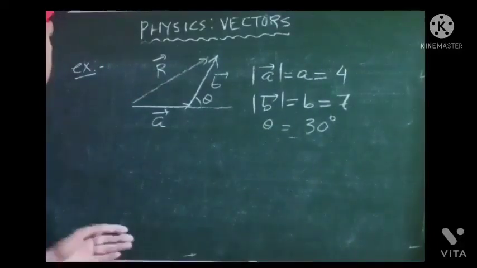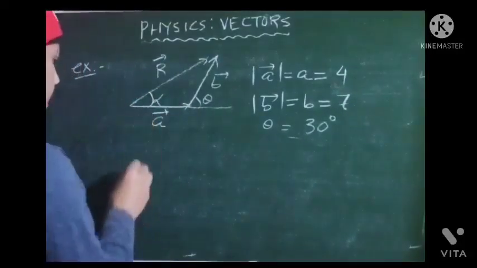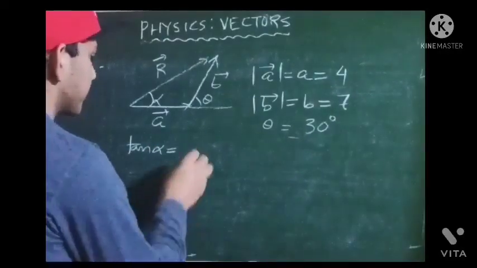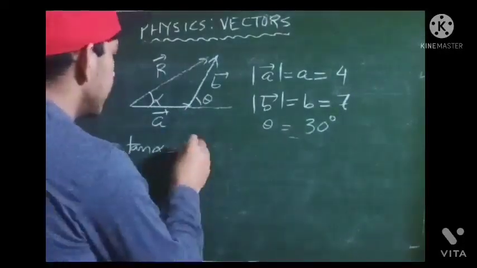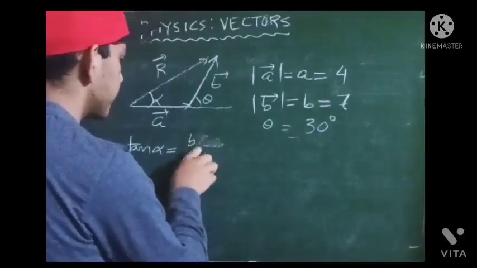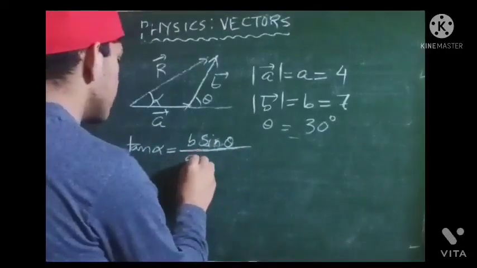Let us suppose we are also required to find this angle alpha. We can write it as tan alpha is equal to b sin theta upon a plus b cos theta.